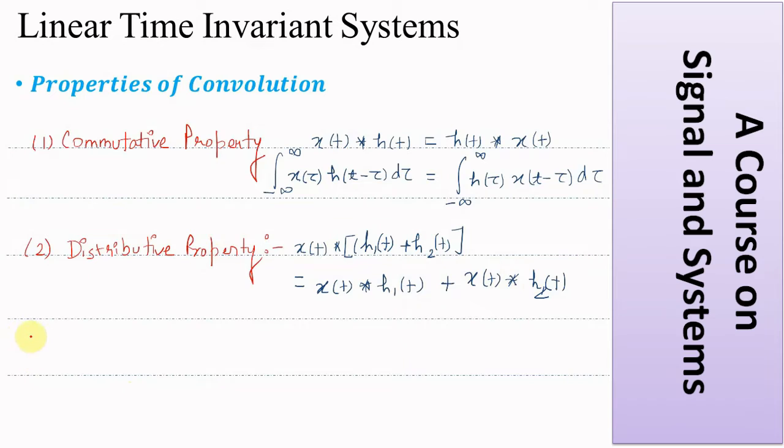Third one, which is even more straightforward, is what is called associative.